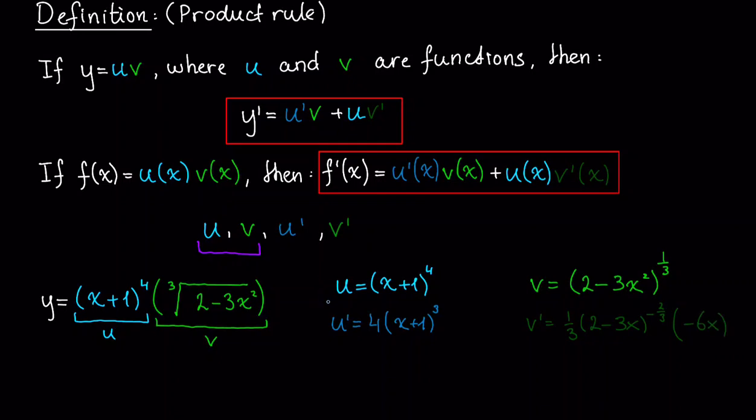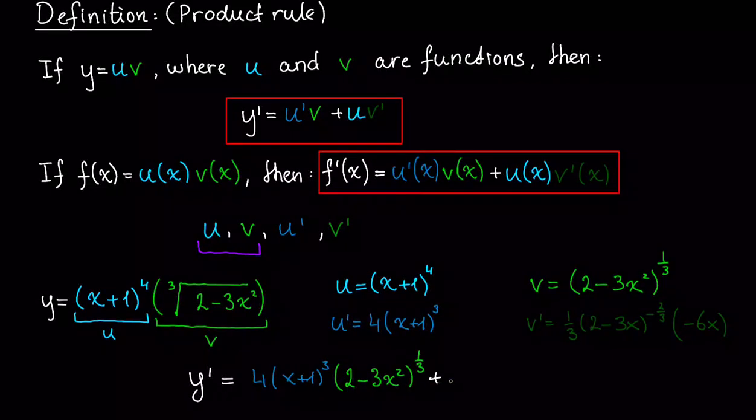So now that we have all the four components, u, v, u prime, and v prime, according to the definition of the product rule, we can formulate the y derivative. It would be u prime, 4 times (x plus 1) to the power of 3, times the original of v, (2 minus 3x squared) to the power of 1/3.